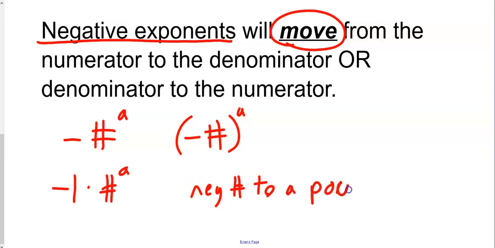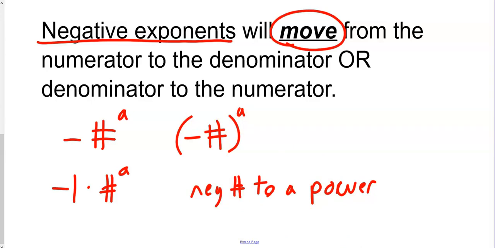So there's a difference between these two. This first guy right here is -1 times a number to a power. And the second guy, the parentheses let us know that the negative and the number are together, which are being raised to that power. So that's super important. Keep that in mind as you look at these.